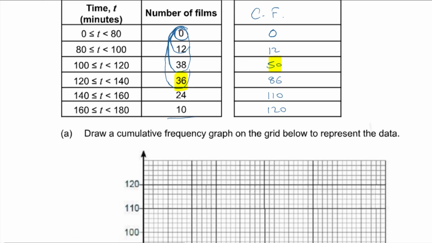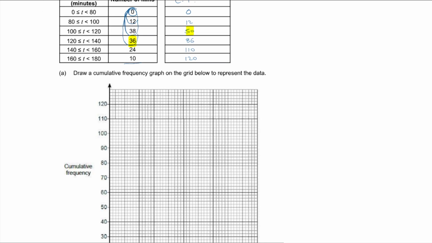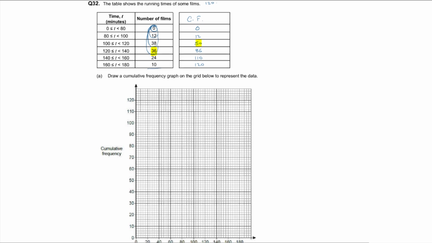Alright, now once we've got the cumulative frequencies, we can then plot them on a cumulative frequency curve. We plot cumulative frequency on one axis, so you can see cumulative frequency here. And then the bottom axis, we always plot against the upper class bound.